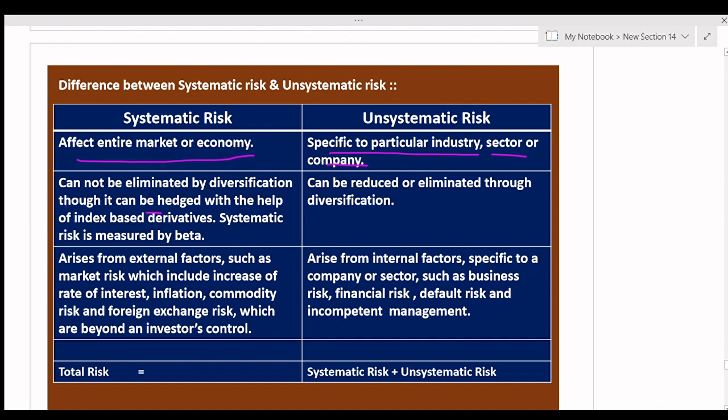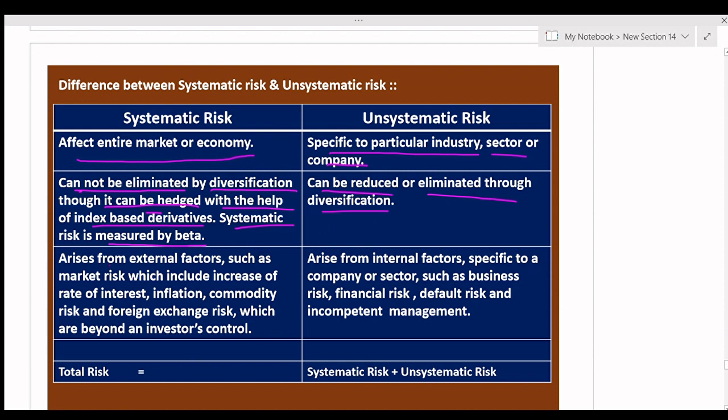Next, systematic risks cannot be eliminated by diversification, though they can be hedged with the help of index-based derivatives. Systematic risk is measured by beta, and unsystematic risk can be reduced or eliminated through diversification.